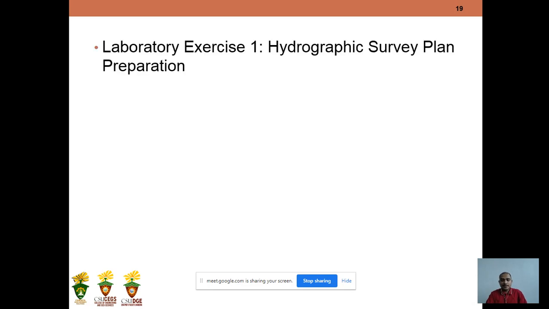For laboratory exercise 1, it is all about hydrographic survey plan preparation. For the laboratory exercises, I'm going to group you, depending on how many you are in a section, so I will determine that. I'm going to post it maybe next week, before we go on with laboratory exercise 1, with the groupings in each section.